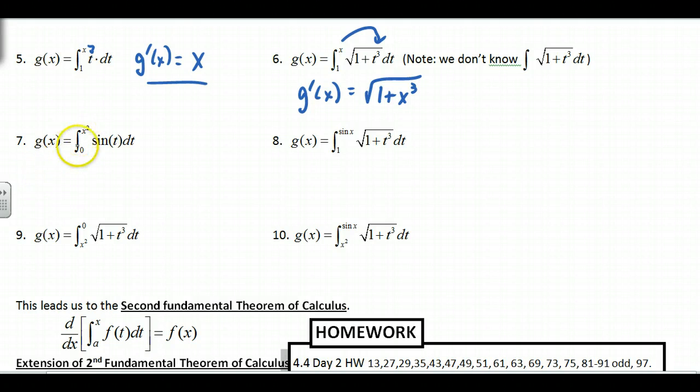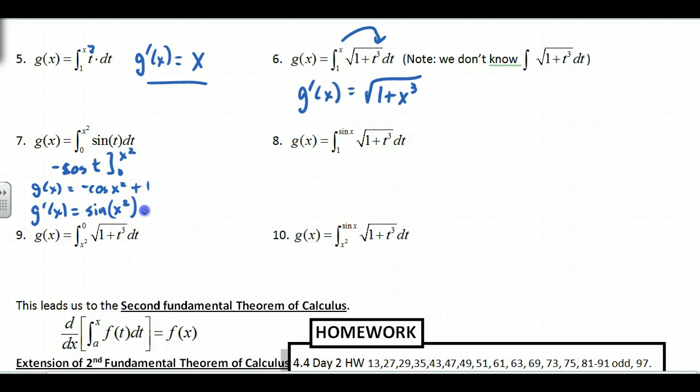If I evaluate this one, remember that the antiderivative is negative cosine of t, and I'm evaluating from 0 to x squared. So g of x is equal to negative cosine of x squared plus my 1 again. If I take the derivative, g prime of x, what happens now? Oh, wait a second. I am going to get the sine of x squared, but what else do we need to do?